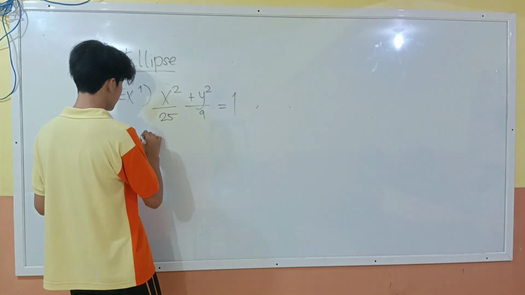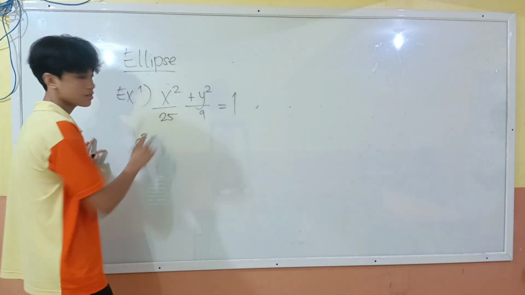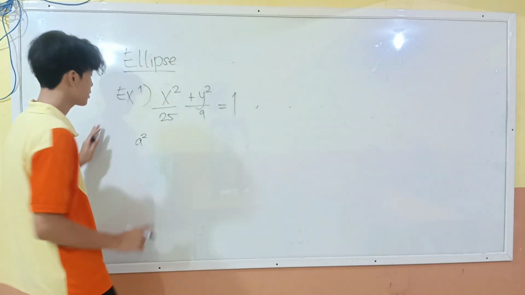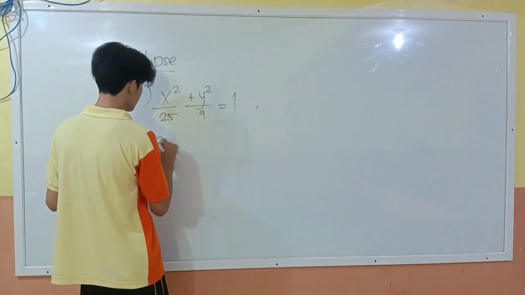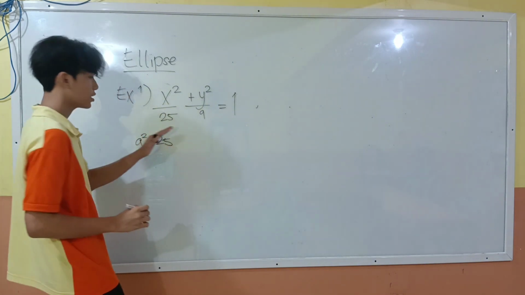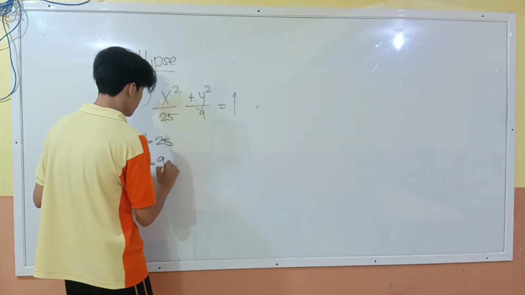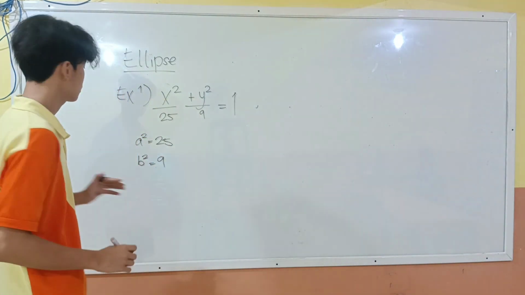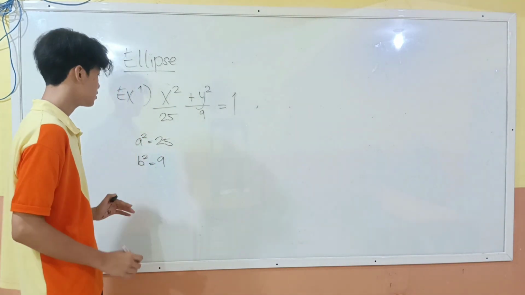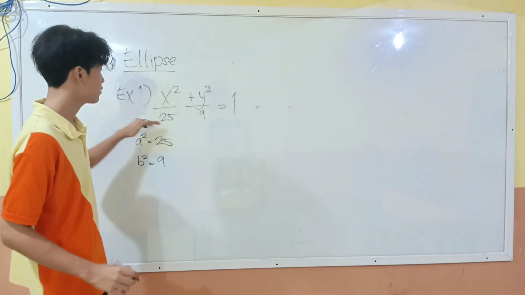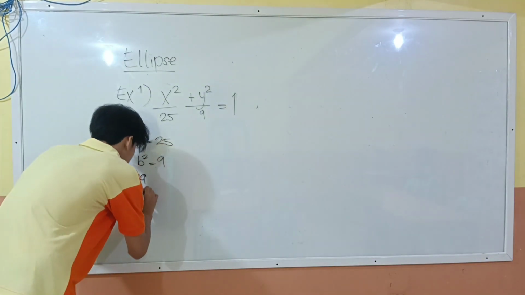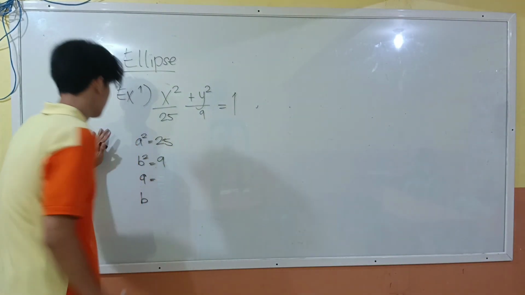So, our a squared is, since this is the larger value, this is our a squared. This will equate to 25. And then our b squared is 9. And then we also need the values of a and b. So we just square root 25 and 9 to get the values of a and b.